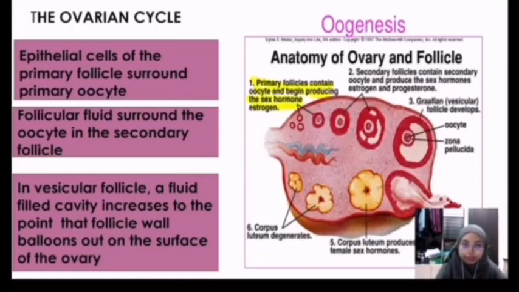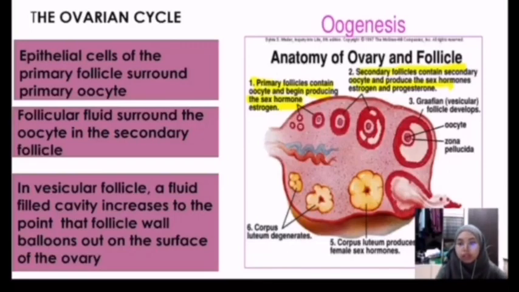So second, follicular fluid surrounds the oocyte in the secondary follicle. The secondary follicle contains the secondary oocyte and produces the sex hormones, which are estrogen and progesterone. In the vesicular follicle, a fluid-filled cavity increases to the point that the follicle will balloon out of the surface of the ovary.